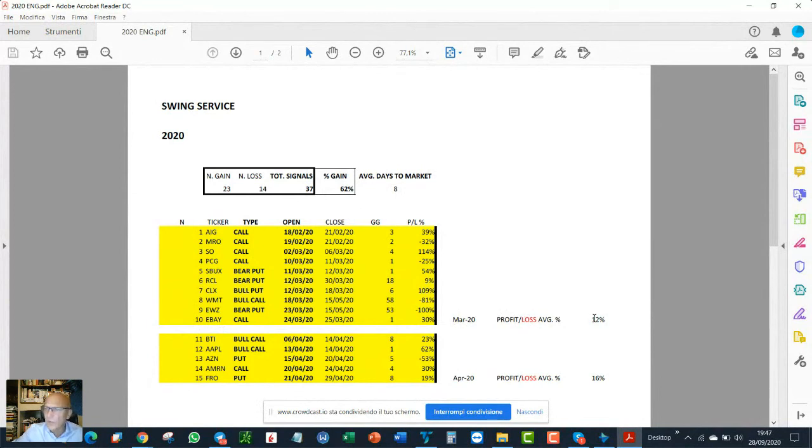Now, 12% is, it's not very interesting. It's interesting. It depends on some factors. One is how much time I use for this kind of trade.